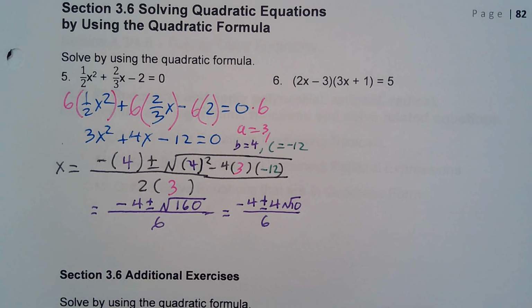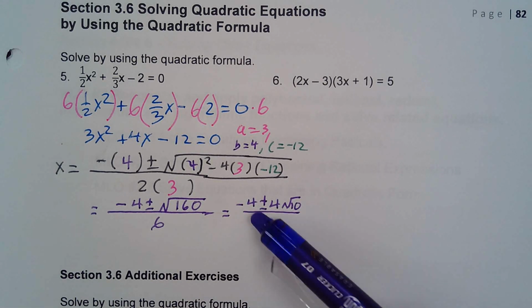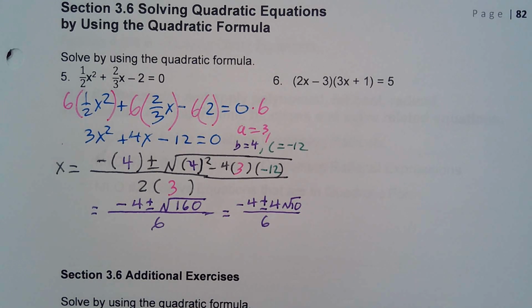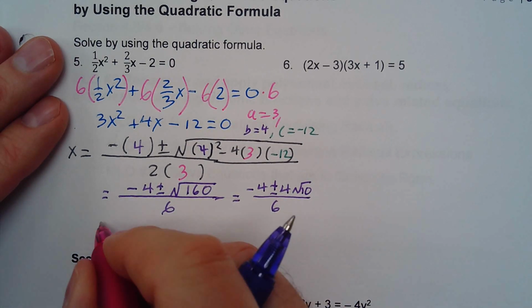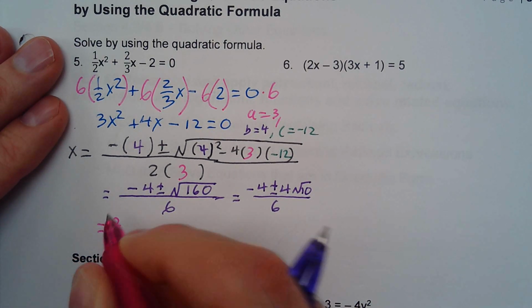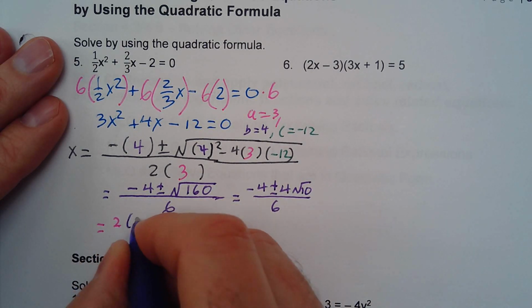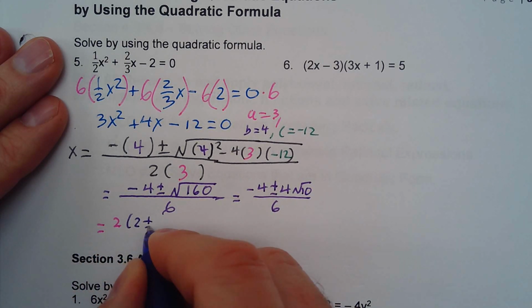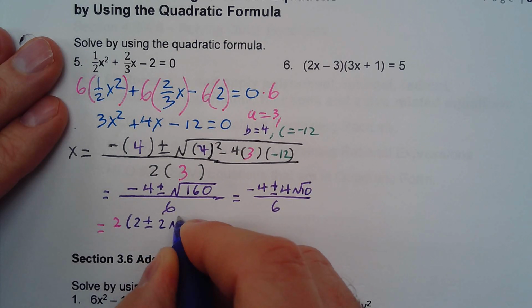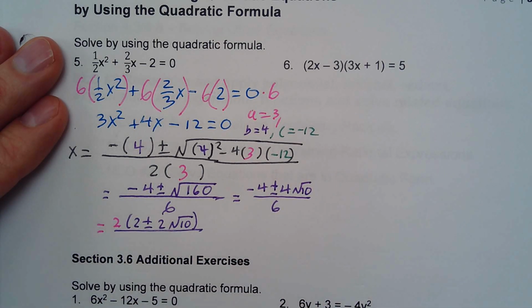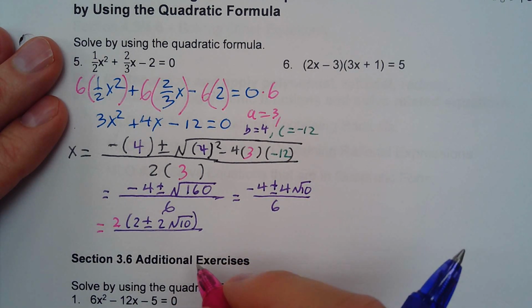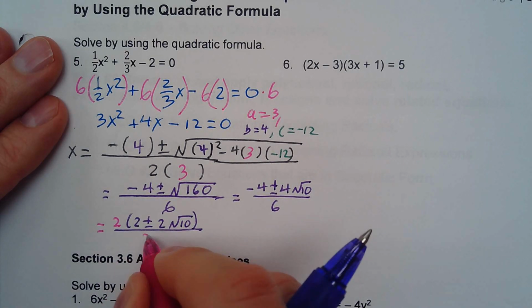Now, if you enter that into ALEKS, it's not going to like that because it's not simplified. The 4 and the 6 have a common factor of 2, so let's factor out a 2. And I'm going to write that 6 is 2 times 3 on the bottom.